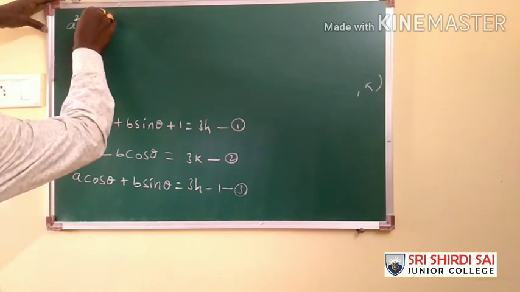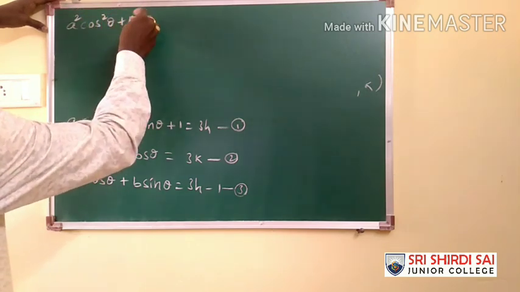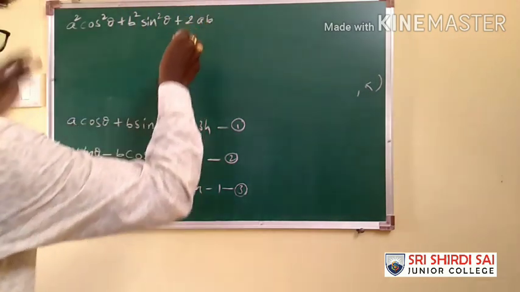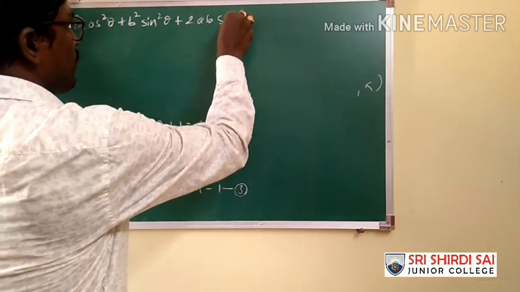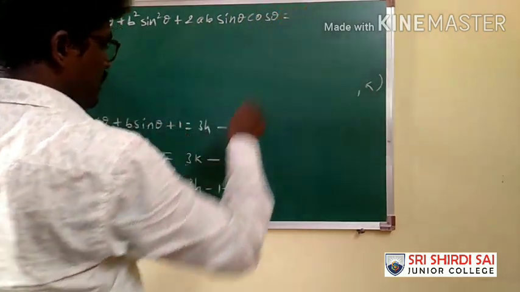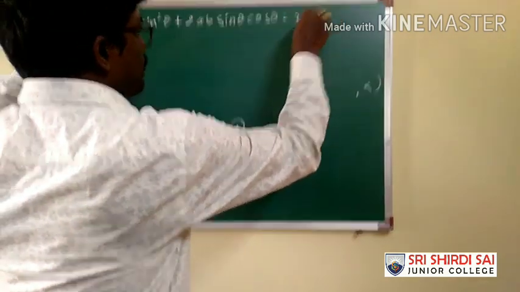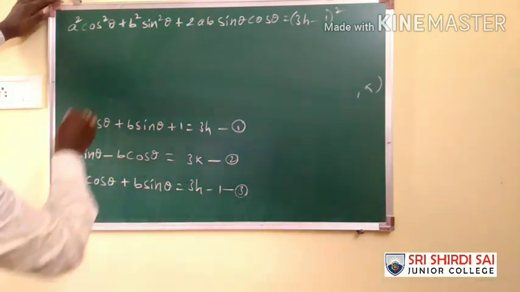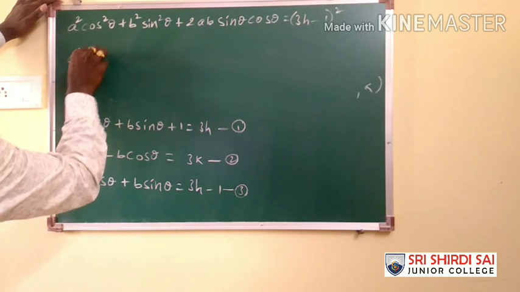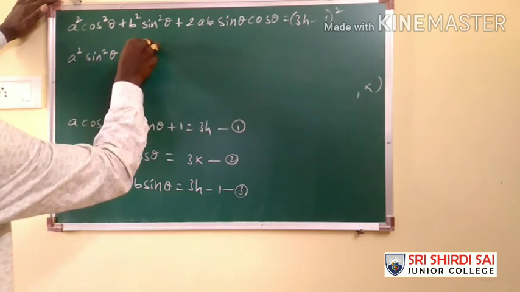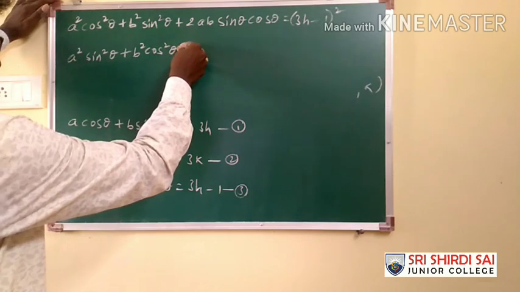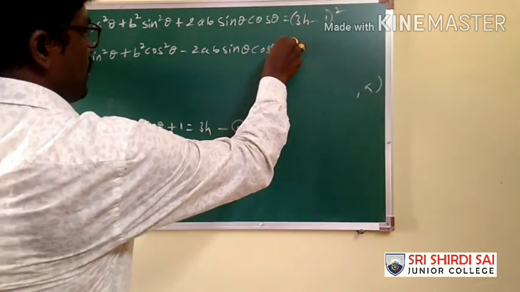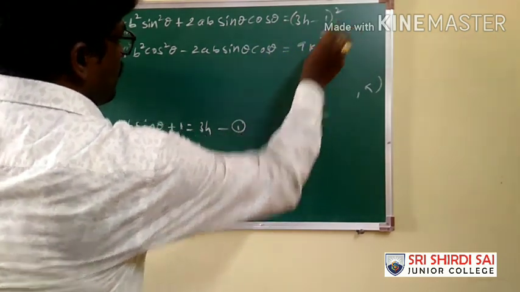A square cos square theta plus B square sin square theta plus 2AB sin theta cos theta is equal to (3h minus 1) whole square. And the other equation, squaring both sides, gives A square sin square theta plus B square cos square theta minus 2AB sin theta cos theta is equal to 3k square, that is 9k square.